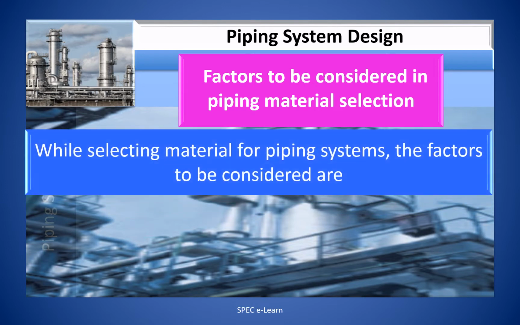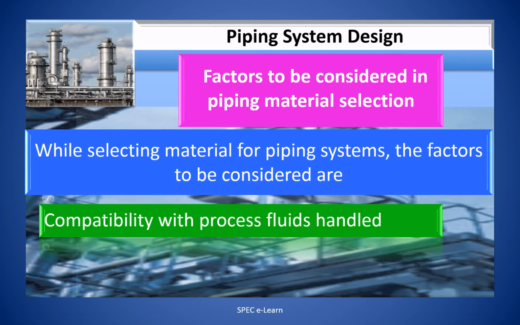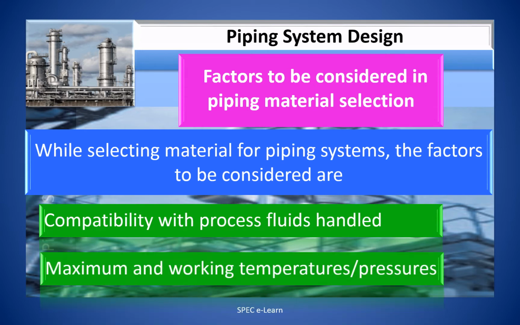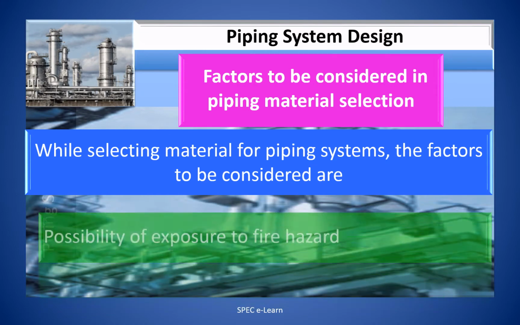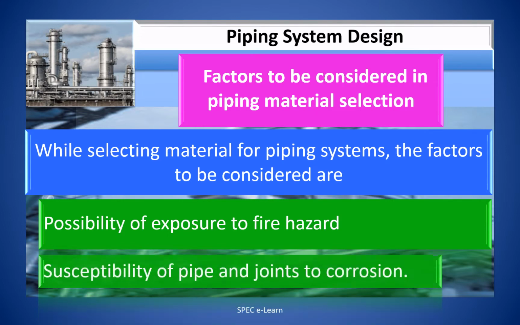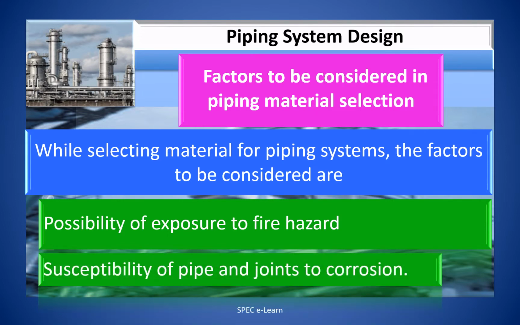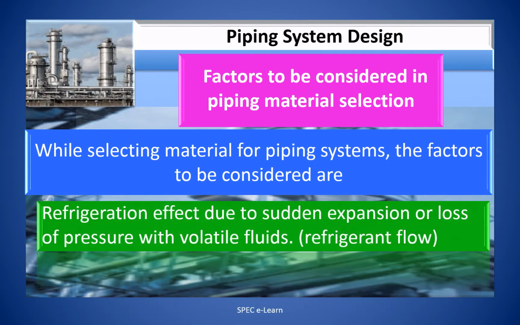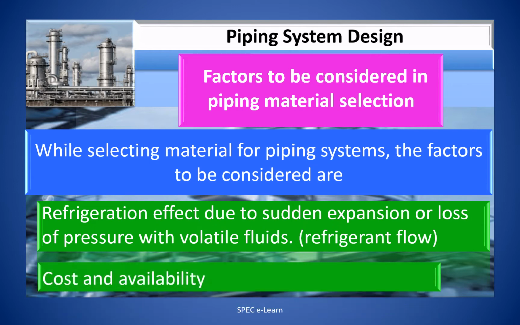While selecting materials for piping systems, the factors to be considered are compatibility with process fluids handled, maximum and minimum working temperature and pressure, possibility of exposure to the fire hazard, susceptibility of the pipe and joints to corrosion, refrigeration effect due to sudden expansion or loss of pressure with volatile fluids, that is refrigerant flow, cost and availability.